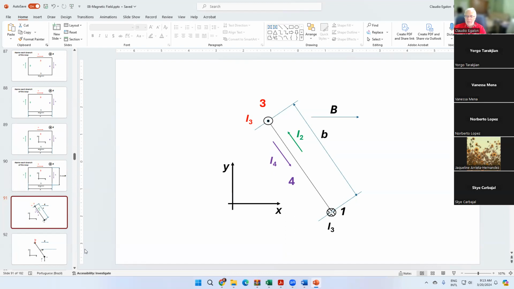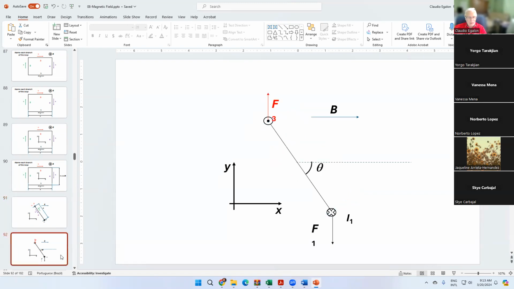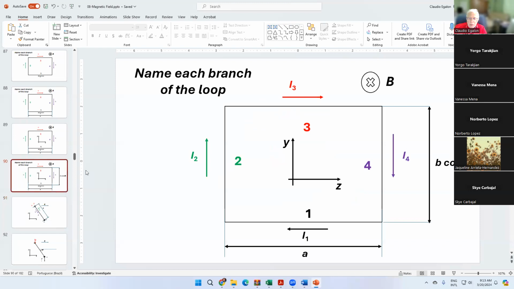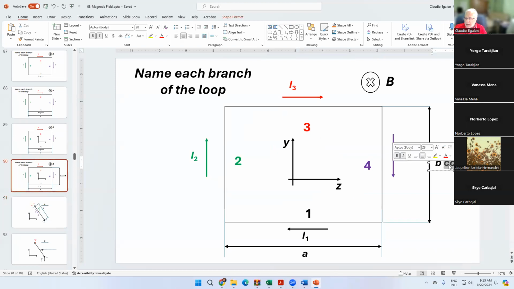We need to do all of that to understand the forces acting in the current loop. Okay, I put the theta here at this point. If I use the theta here, it shouldn't be cosine, it should be sine, okay?